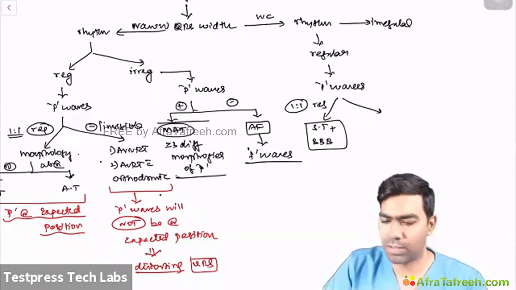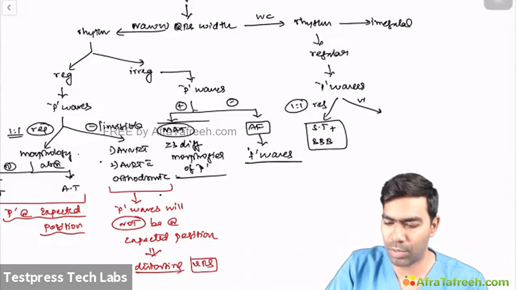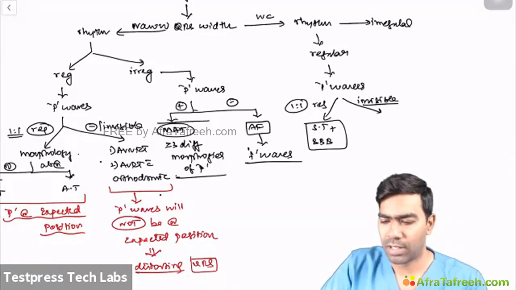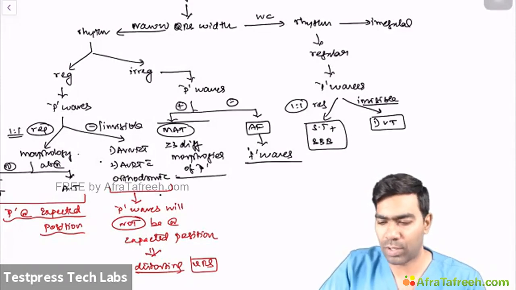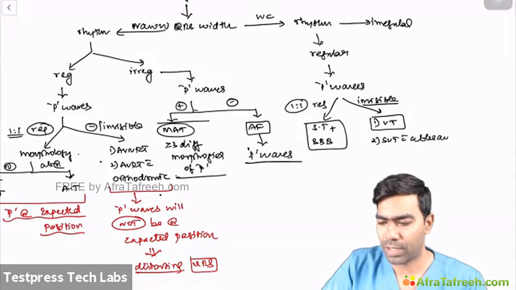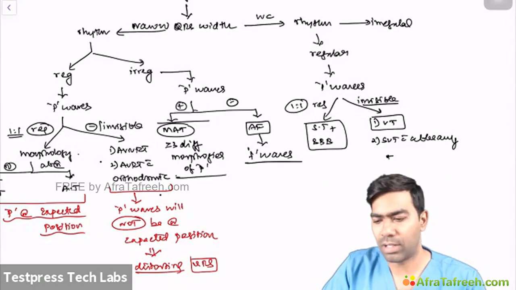If the P waves are invisible, you're not able to see the P waves properly, then in this setting the first diagnosis I'm going to make is ventricular tachycardia, of course. The second diagnosis, we know, is SVT with aberrancy. As far as SVT with aberrancy is concerned, there could be many possibilities.